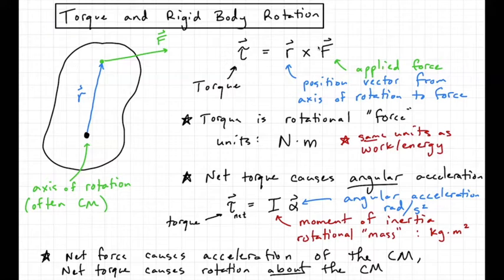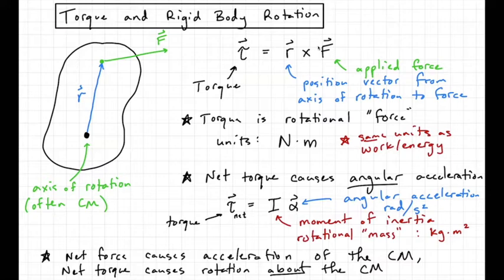And so in general, where we're going with this is we're going to be studying this because we're going to try to decompose the motion of any object into motion of the center of mass and then rotation of the body about the center of mass. And so this sort of analysis is leading us towards a complete description of the motion of any object, both its translational motion and its rotational motion.